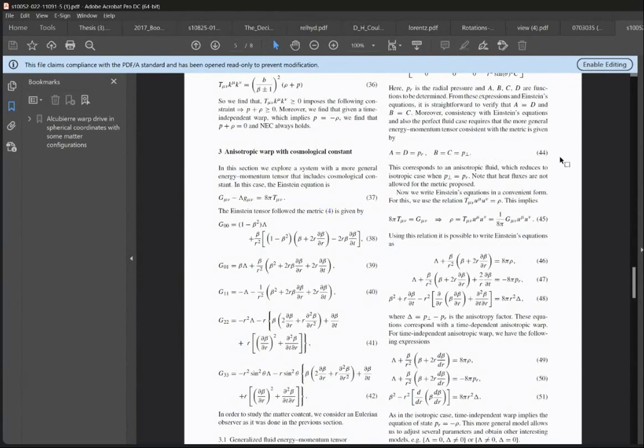Nothing else means that we don't have heat transfer in this case, which is okay. It's not consistent with the Einstein equations in this case.